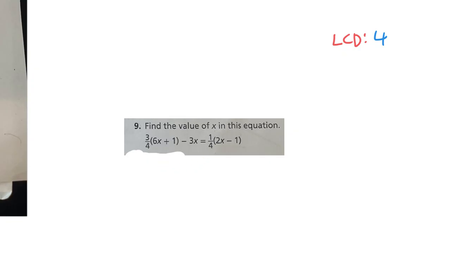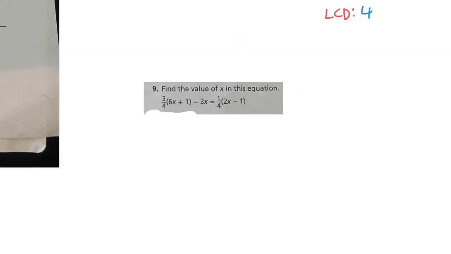So what you do is multiply everything by 4. Multiply both sides of the equation by 4. The way I like to represent that is to multiply each entity by 4. This is an entity, this is its own entity, and this whole clump right here is an entity.